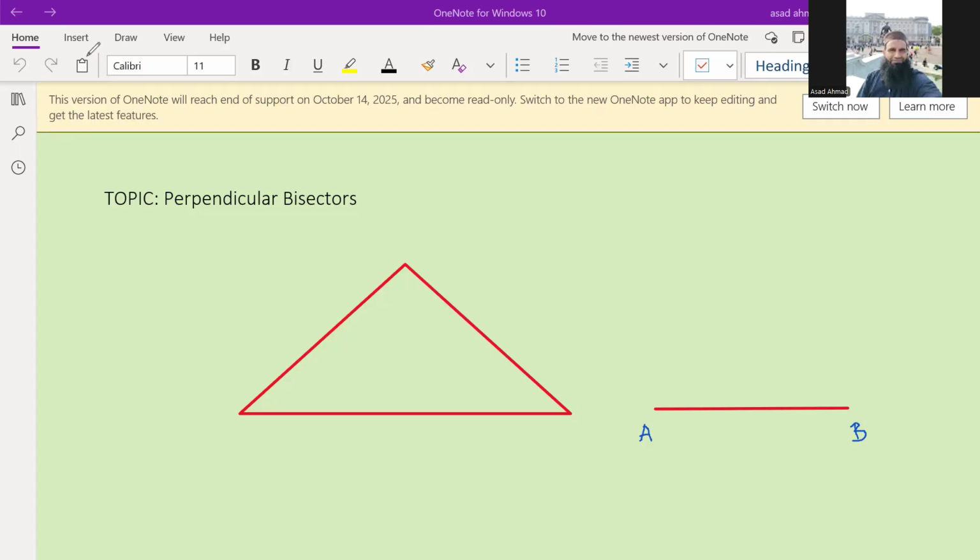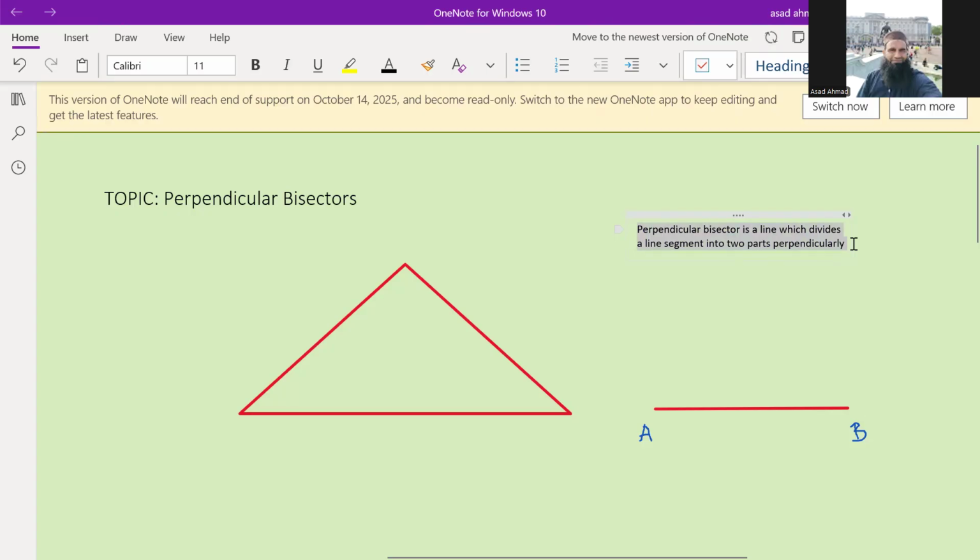If I would like to write here, actually, perpendicular bisector is a line which divides a line segment into equal parts, perpendicular.